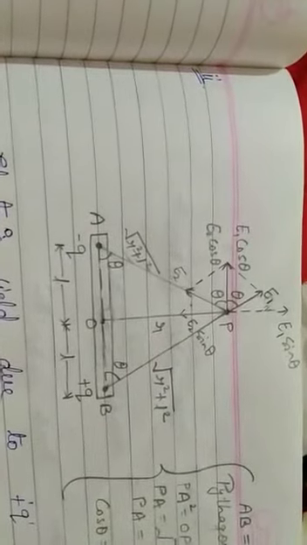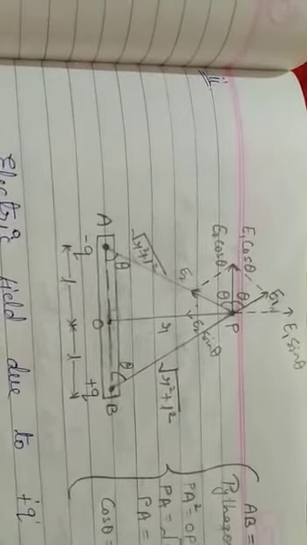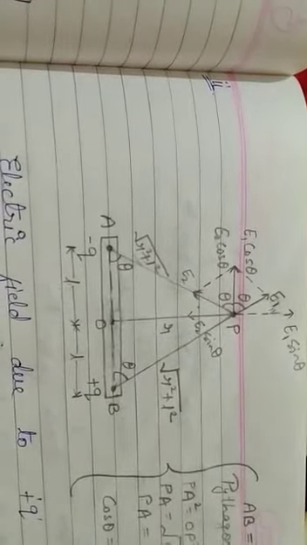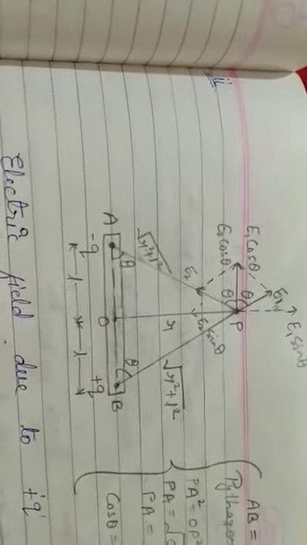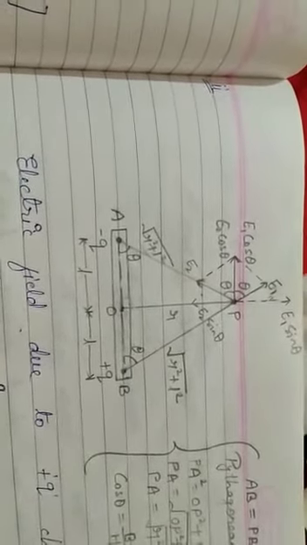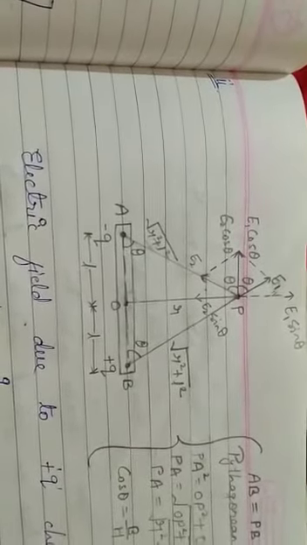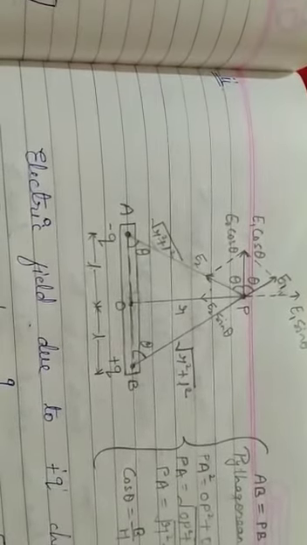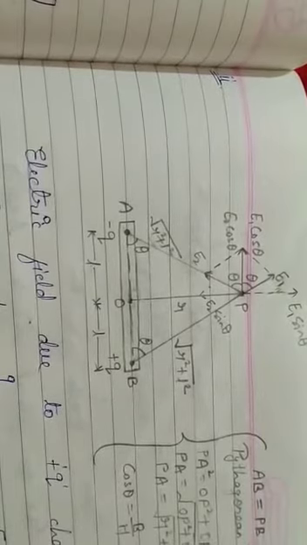In class 11th in vector chapter we have studied, if we have to find out the resultant of these type of vectors, we use parallelogram law of vector addition.